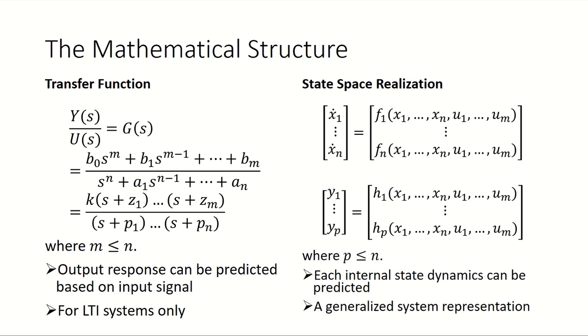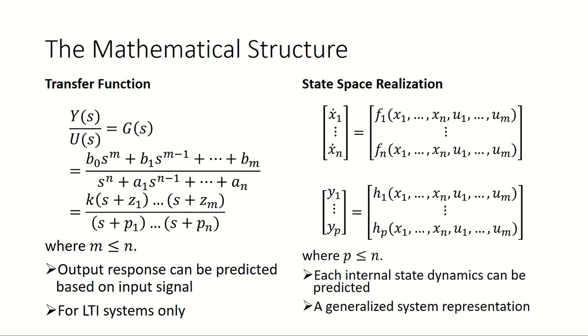So if we are given any physical system, we will be able to identify a certain number of state variables. If it is an nth order system, we will be able to identify n number of state variables.